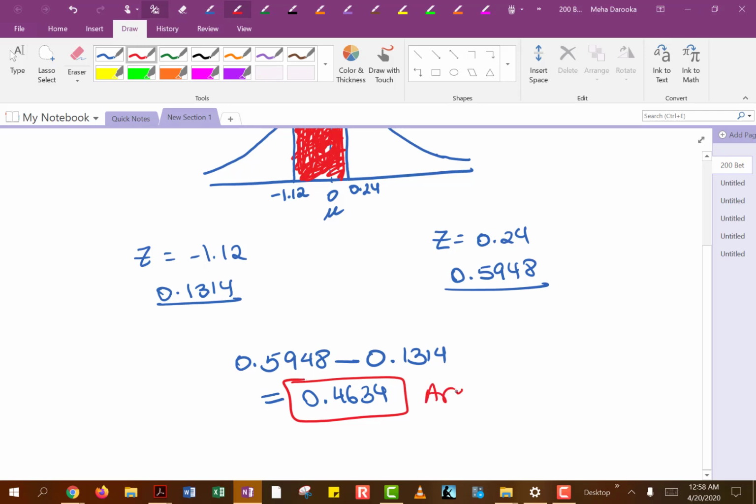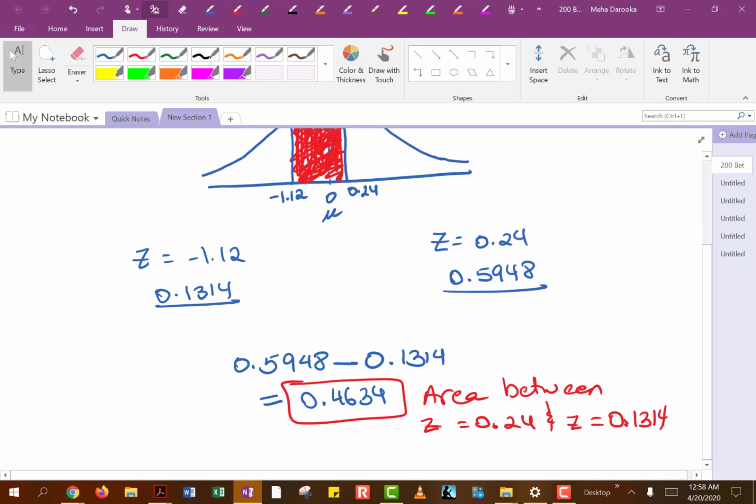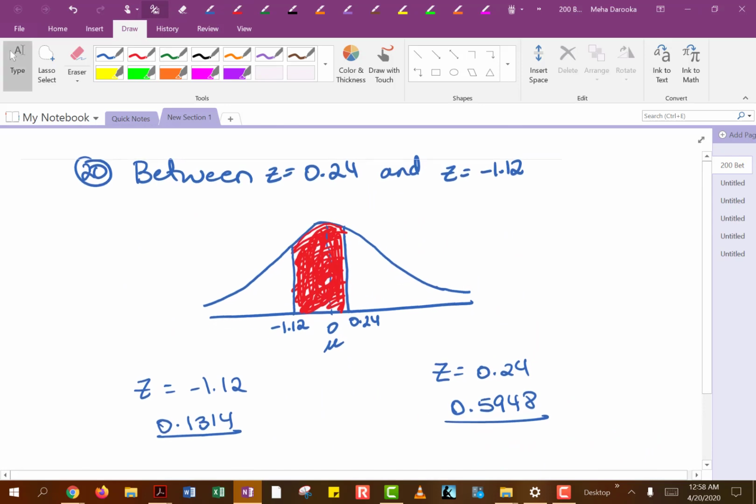So this is going to be the area between these two z-scores. Now, of course, this example is talking in terms of area, but even if they were asking you probability, you would still be doing the same calculation. Okay, so this was number 20.